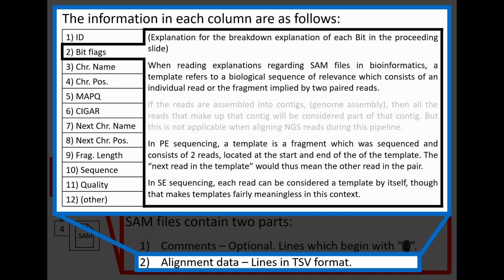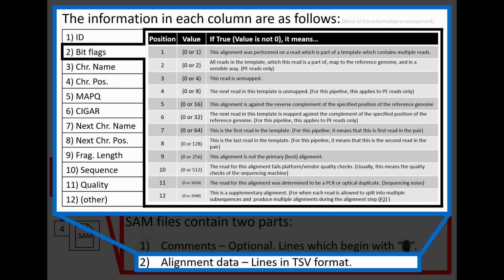The next read in template would thus mean the other read in the pair. In single-end sequencing, each read can be considered a template by itself, which makes the term somewhat redundant in that context.